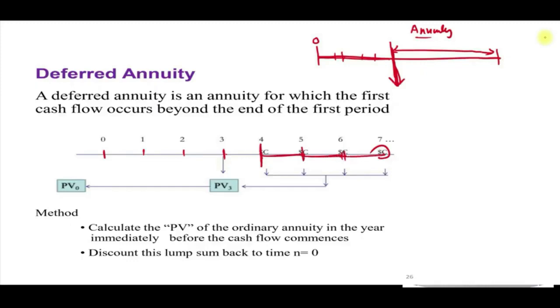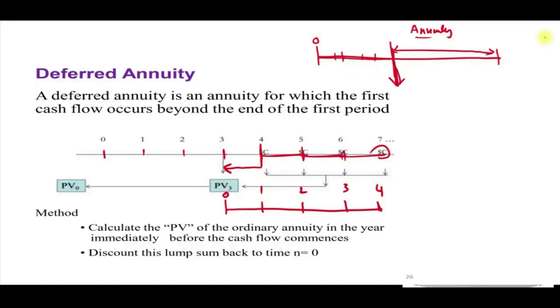Okay, so the first cash flow is happening here, so we have to take 1 year less as a base year. If I write it in terms of 0, 1, 2, I can write 3 as 0, and 4 as 1, then 2, then 3, and then 4 cash flows, 1, 2, 3, 4, because we have the cash flows here.